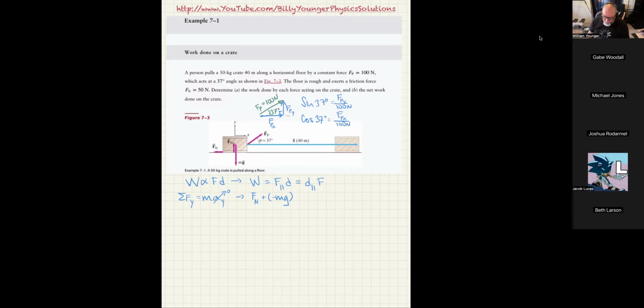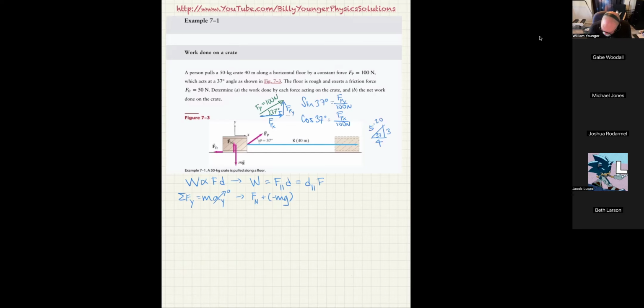Now, if you recall, the 37 degrees is part of the 3-4-5 triangle, so you don't actually have to even use your calculator here. Just remember that when you have the 37 degrees, then the opposite side is the smaller one, so that has to be the 3. The adjacent side is the larger one, and then the hypotenuse is 5. But since our hypotenuse is 100, we can multiply 5 by 20.